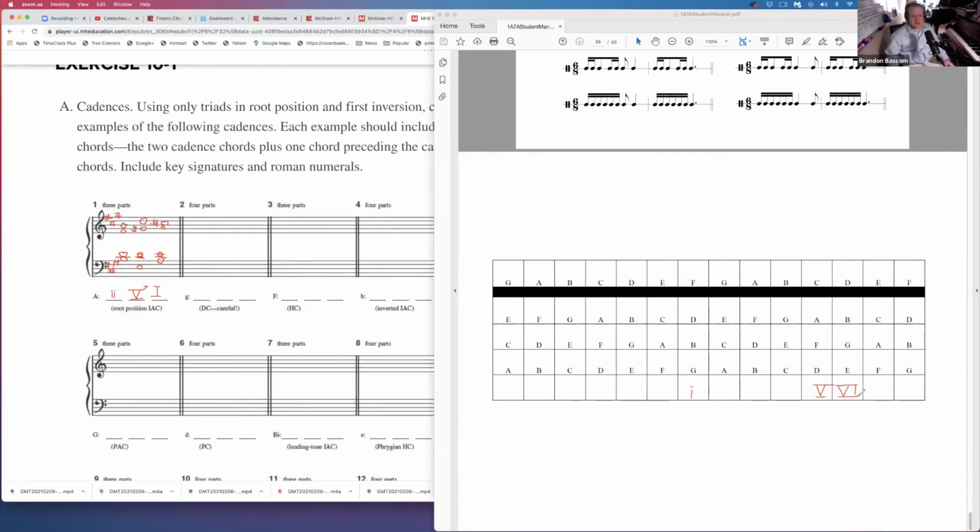But the 6 doesn't have any accidentals, correct?